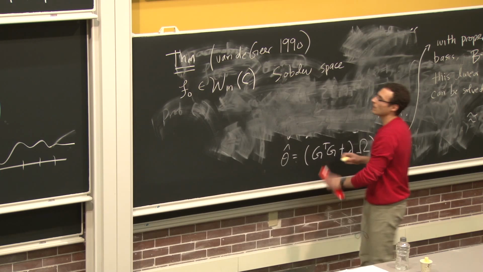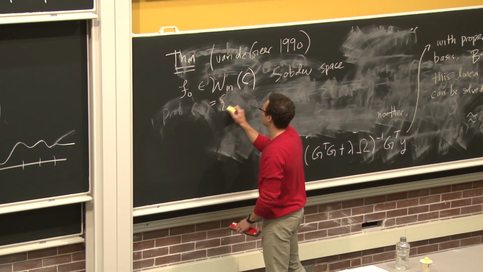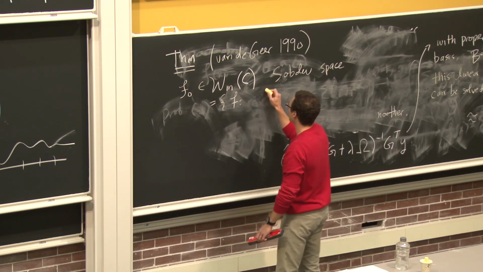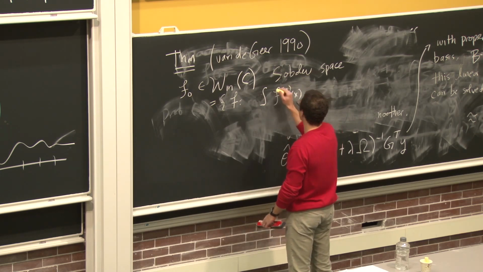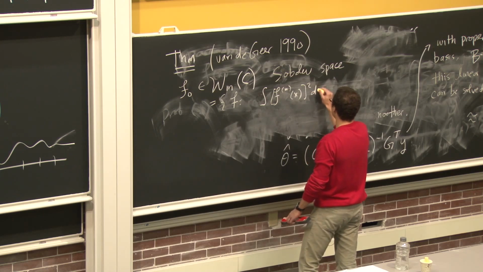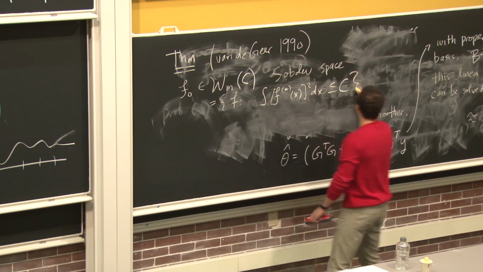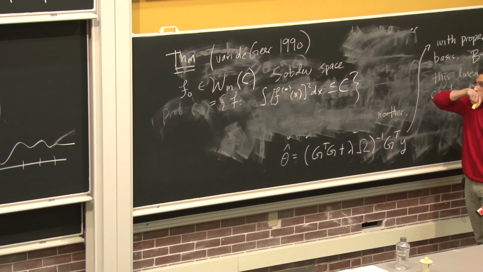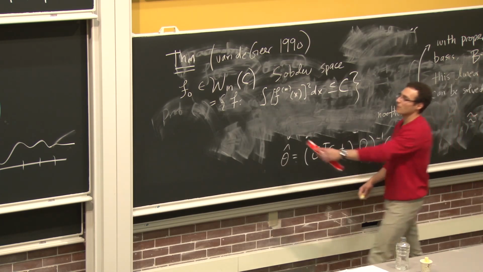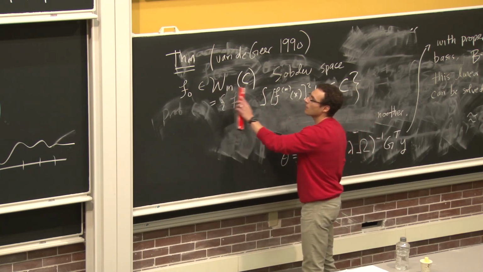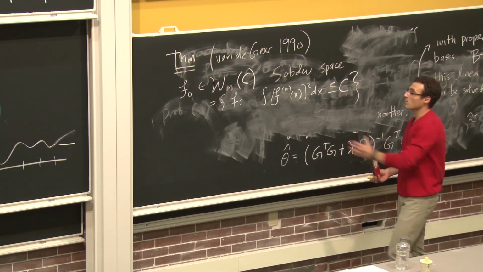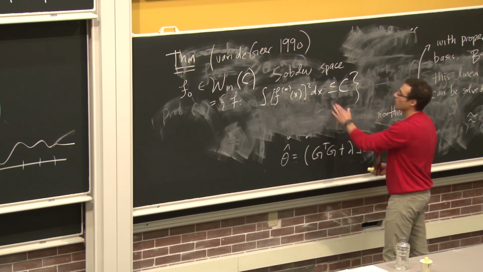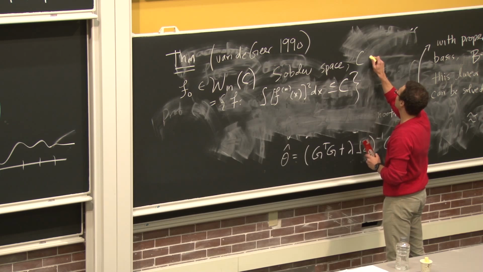Just real quick, this is the space of all functions with the property that if I take m derivatives, square it, and integrate it, then that's less than or equal to c. So it means the true function we're trying to estimate has m derivatives, and its complexity, according to this measure, is bounded by c, where c is a constant.